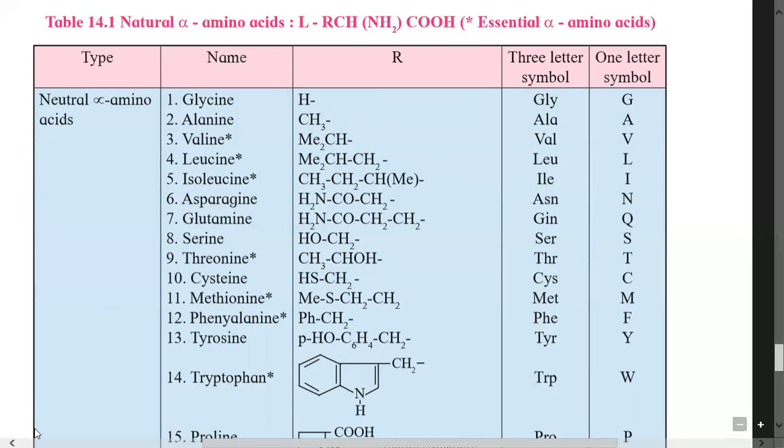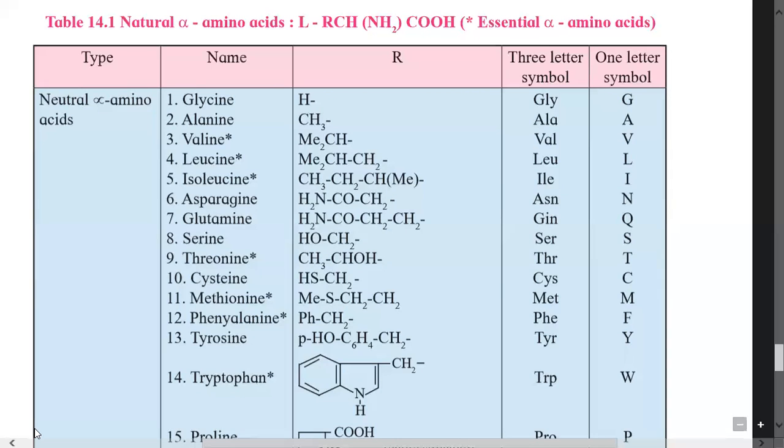The 3-letter symbol is the first 3 letters of glycine, GLY, and the 1-letter symbol is the first letter, G. The second example is alanine. Here the R group is CH3. The 3-letter symbol is ALA, and the 1-letter symbol is capital A.